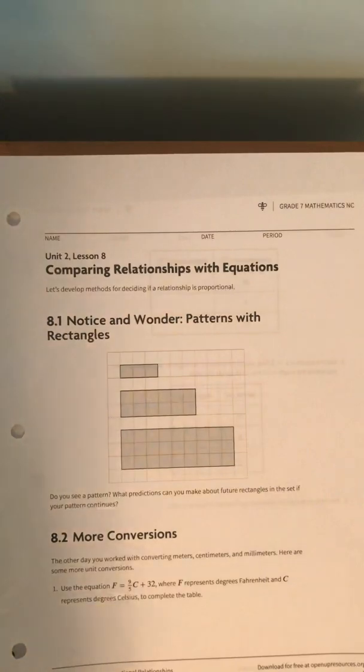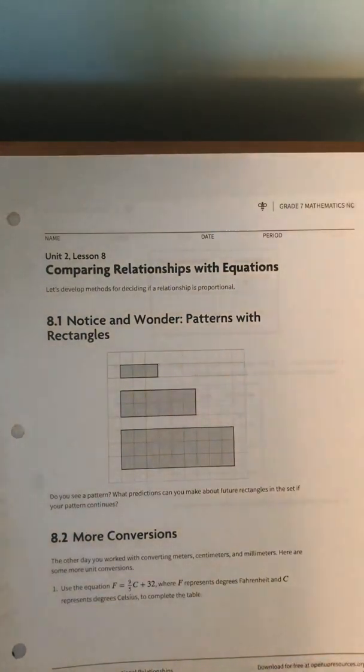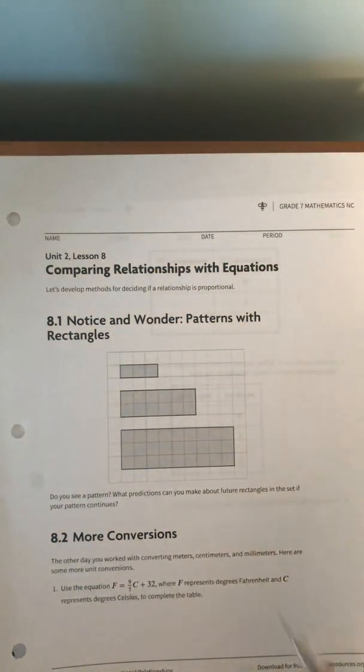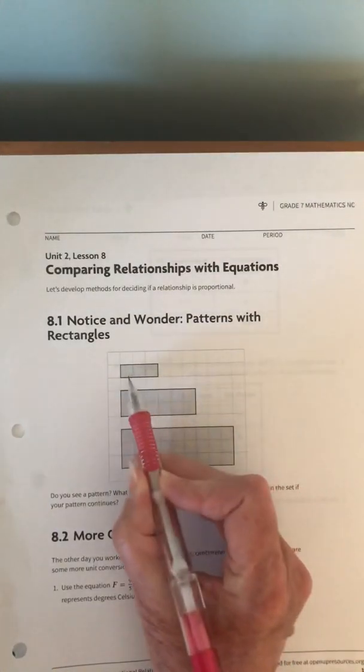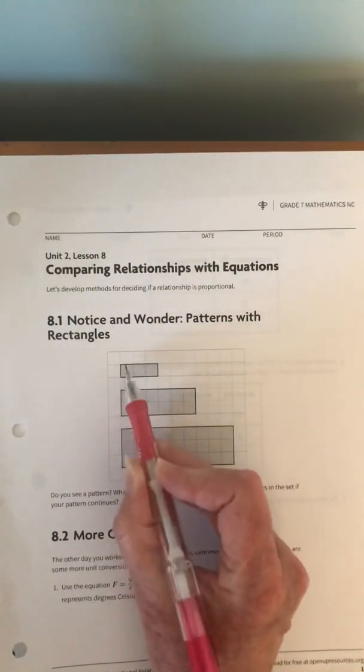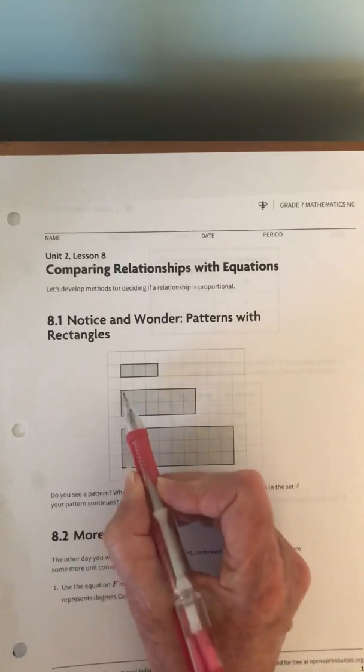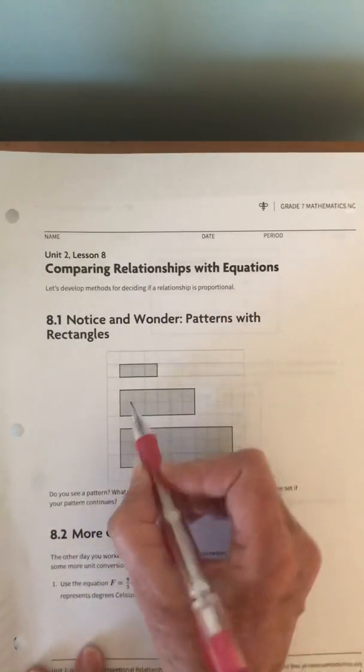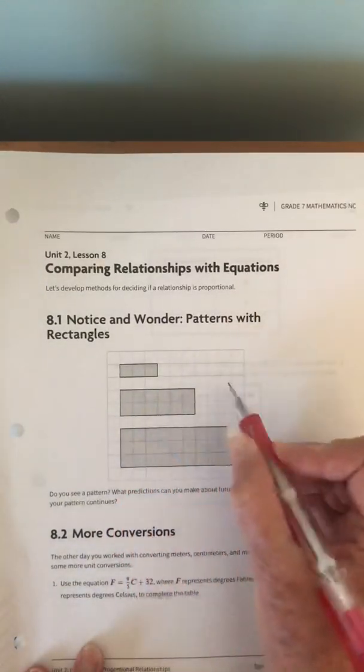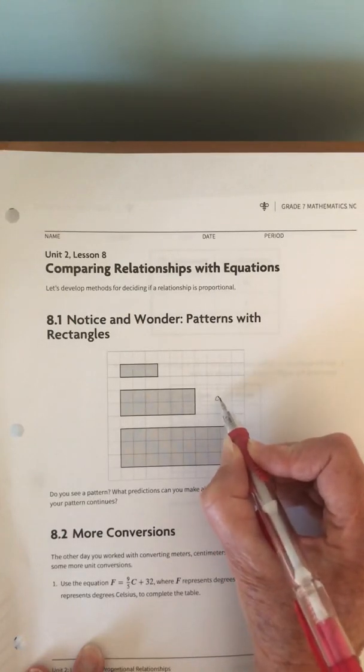All right, so the pattern that I saw is, I saw that in this one we had 3 going this way and 1 up and down. This one we have 6 going this way, so we added 3.